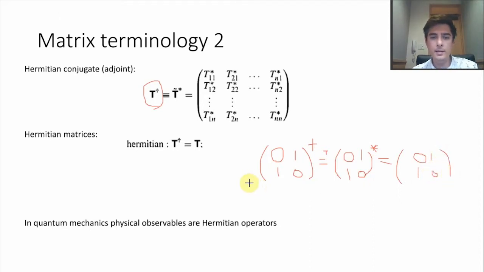Maybe a slightly more interesting example is another matrix that looks like this. Say I've got some i's in here: 0, minus i, i, and 0. Now I take the transpose of this, and I'm going to get a different matrix this time.